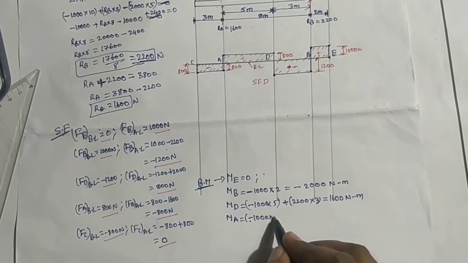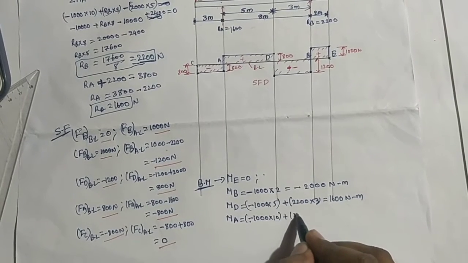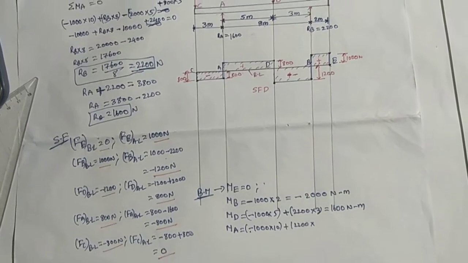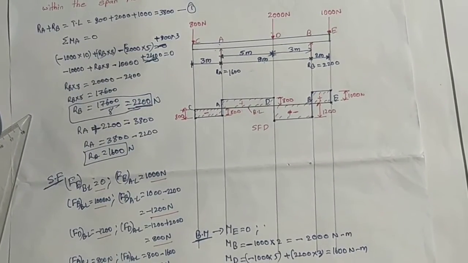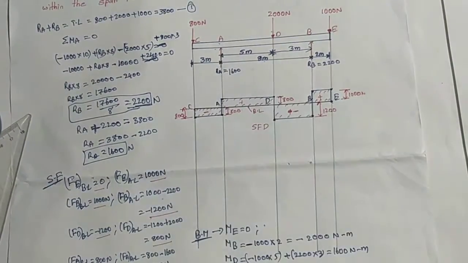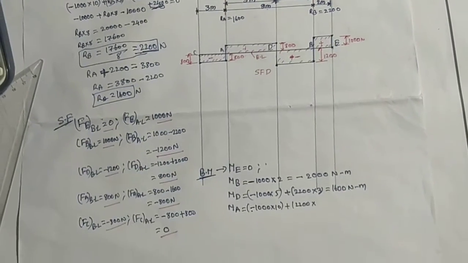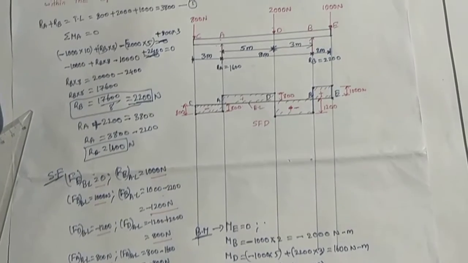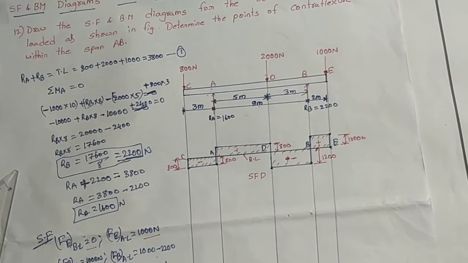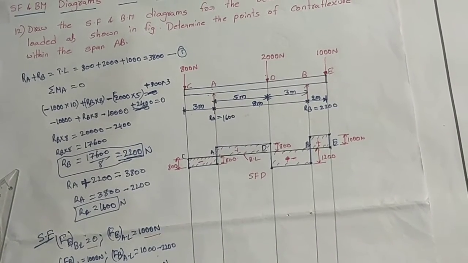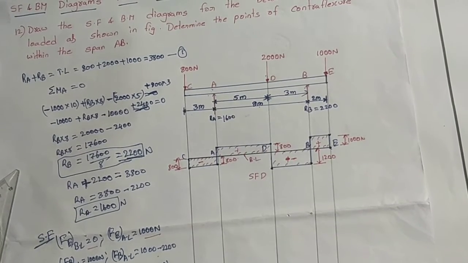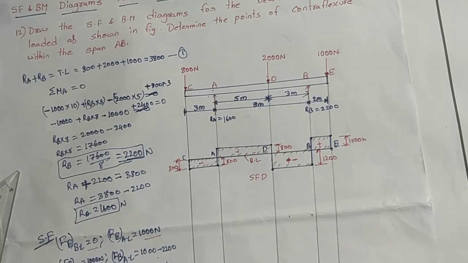Okay. Next load is 2200, that is the reaction force acting in the anti-clockwise direction. The distance from that point to A is 8 meters, so 2200 into 8. Next force is 2000 newtons acting downward, so minus 2000 into the distance from this point to this point, which is 5.